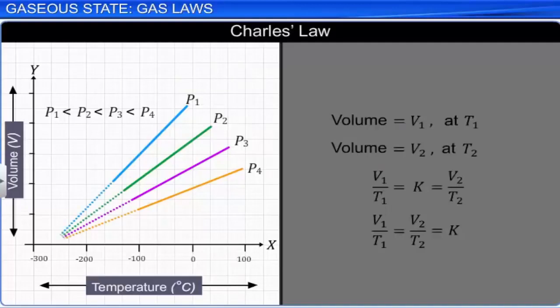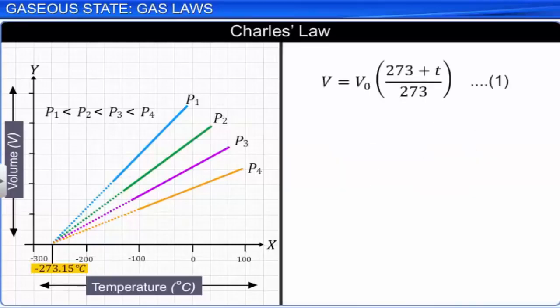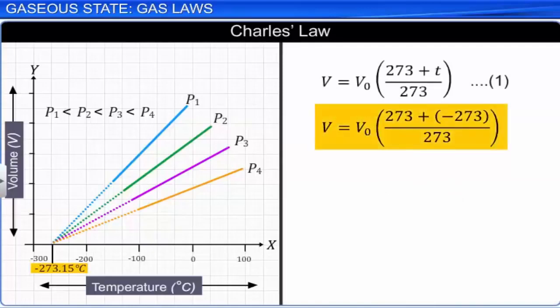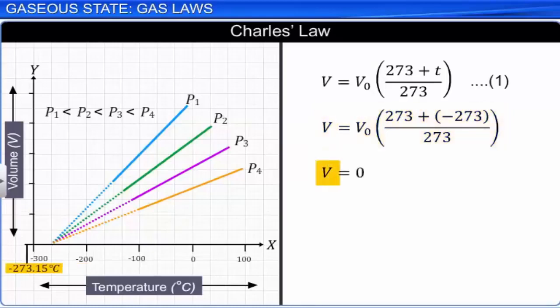From the graph, if we substitute the value of temperature as minus 273 degrees Celsius in equation 1, then the volume at minus 273 degrees Celsius becomes 0. Thus, we can conclude that the volume of a gas would be reduced to 0 at minus 273 degrees Celsius.